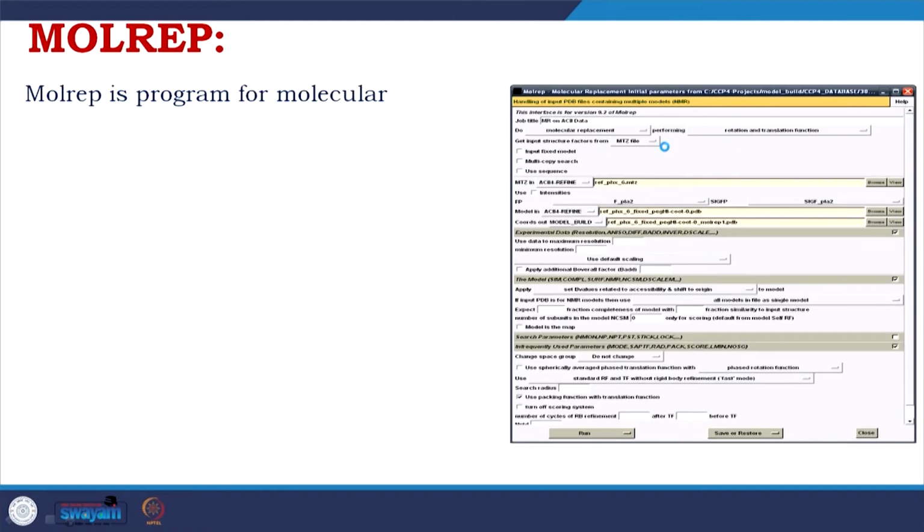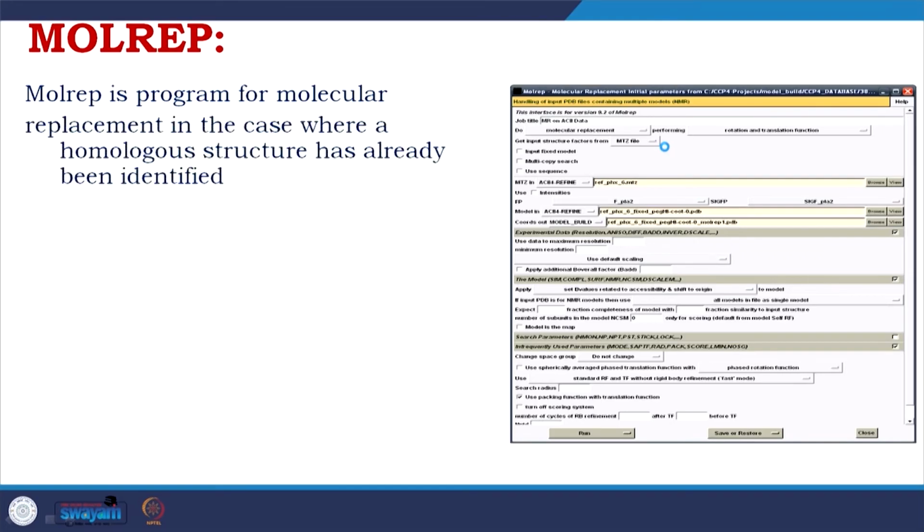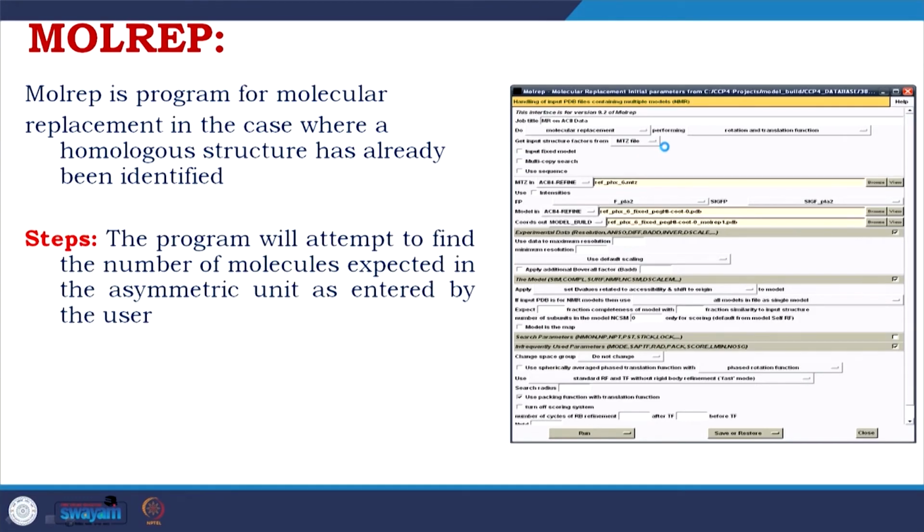MolRep, which we are going to talk about, is a program for molecular replacement in the case where a homologous structure has already been identified. The steps: the program will attempt to find the number of molecules expected in the asymmetric unit as entered by the user. So, you could enter it there, or they could have done the self-calculation using Matthews coefficient.